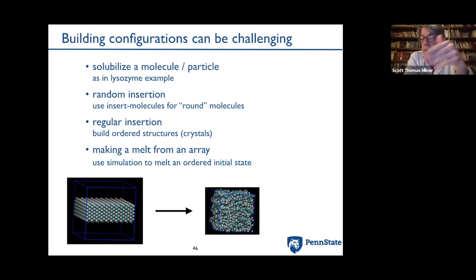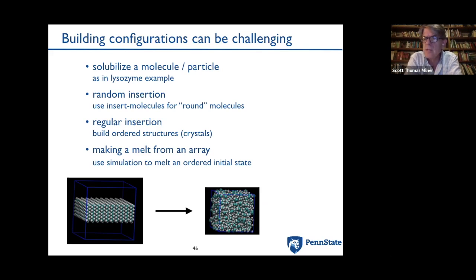And how do you know how big a box to make at the end? Well, you calculate it, because you know roughly what the density of the material was that you were trying to make a melt of, and you know how many molecules you put in, so you can figure out how big the box is that you ought to build. And then once you get that box shrunk down, maybe you'll turn on a pressure control and allow it to adjust the density so that the simulation is at an equilibrated pressure.